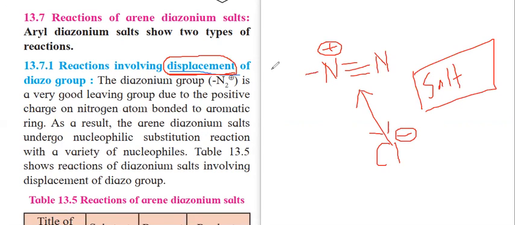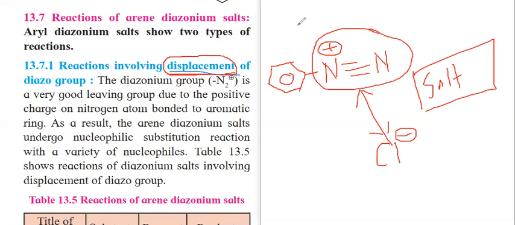Now see this, here is our aromatic ring, and the nitrogen attached to the aromatic ring has a positive charge. Because of that, it is an electron deficient species, it needs electrons, and to attain them it will be a good leaving group.